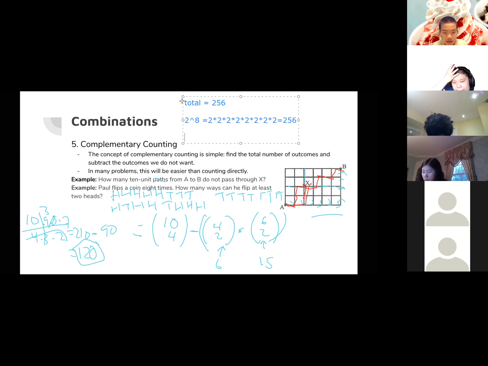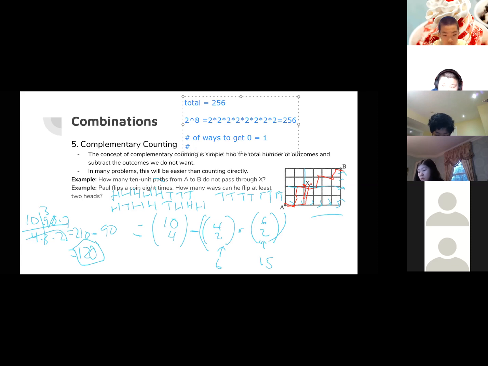And how many ways can you flip at least two heads? So we're using complementary counting. Using casework to find the number of ways you can get 2 and 3 and 4 and 5 and 6 and 7 and 8 heads is going to be really annoying. Instead, what we're going to be doing is subtracting the number of ways you can get 0 or 1. The number of ways to get 0 heads is just going to be 1, if you get all tails.